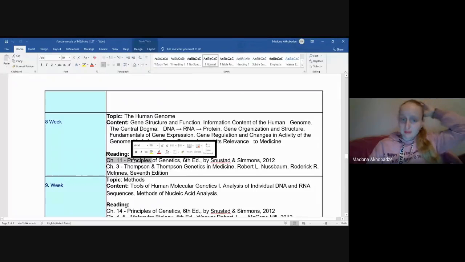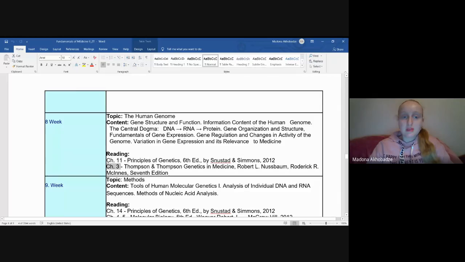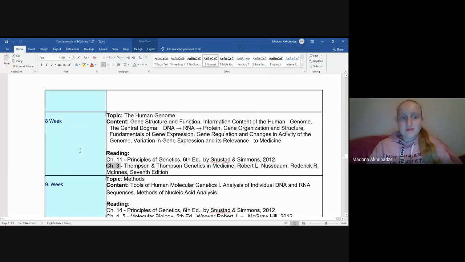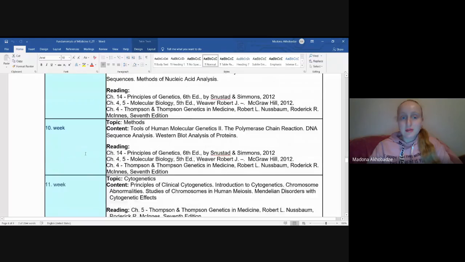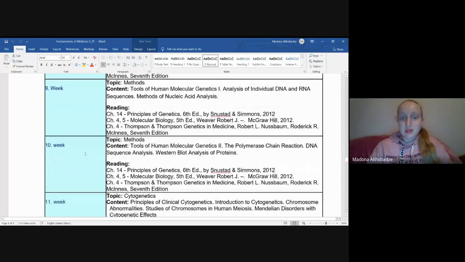Again, chapter 11 from the Principles of Genetics and chapter 3 from the Thompson, if you choose one of the two books. Then in the previous weeks we finished the methods, which are tools of human molecular genetics, from chapter 14, both of these two weeks' material.